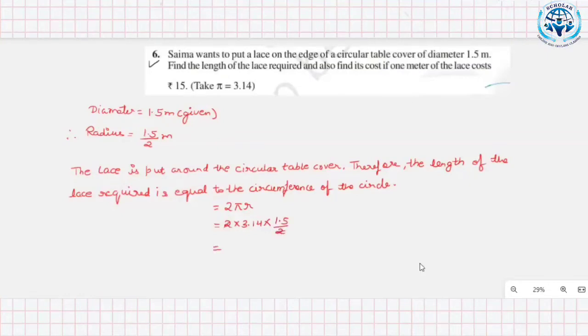We will cut 2 and 2, we will multiply 3.14 and 1.5. We get the circumference as 4.71 meter.